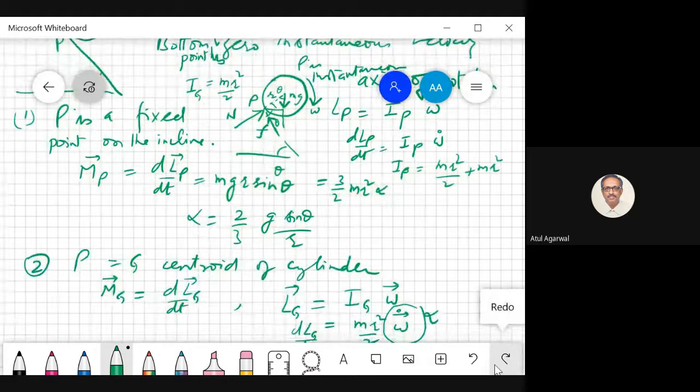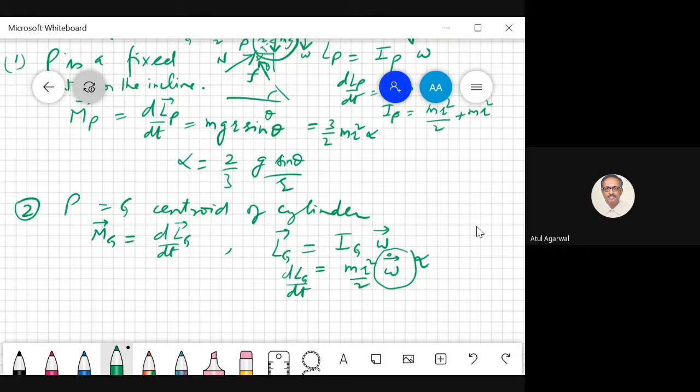Now I am taking the moment about point G. So gravitational force will not cause any moment on the cylinder about point G. Normal force is passing through point G, so it will also not cause any moment about point G. Only frictional force is causing a moment. All right, and you see it is causing a clockwise moment. So what is the clockwise moment? F into this radial distance r. Any problem? So what I am getting, F r is equal to m r square by 2 into alpha. Any problem?